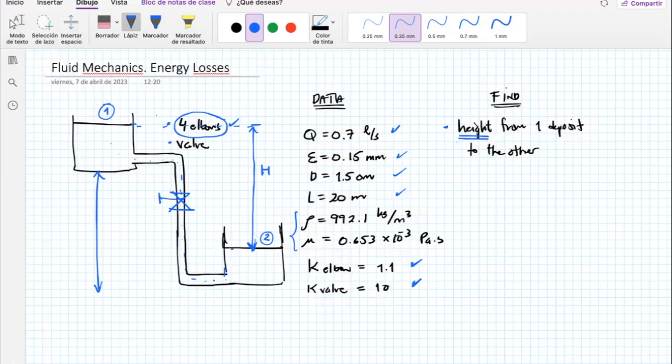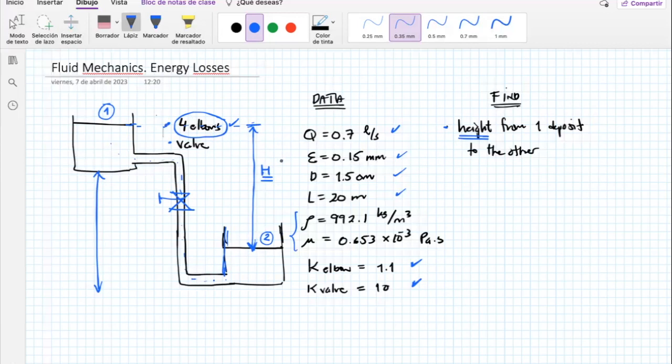They are not telling me which part of the tank or reservoir, whatever you want to call it. So I'm going to pick the surfaces of the water. These are called free surfaces in the language of fluid mechanics, and these free surfaces from 1 to 2 give the h, or the height, that I'm looking for in this problem.